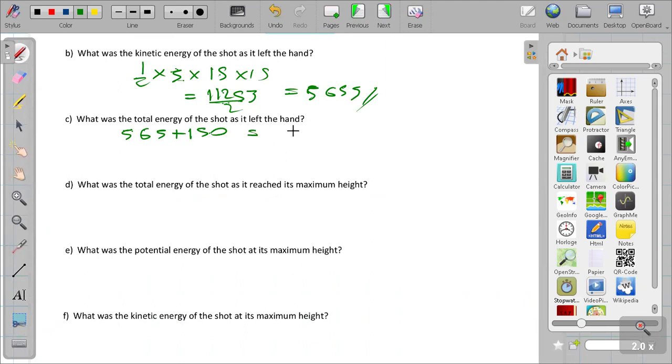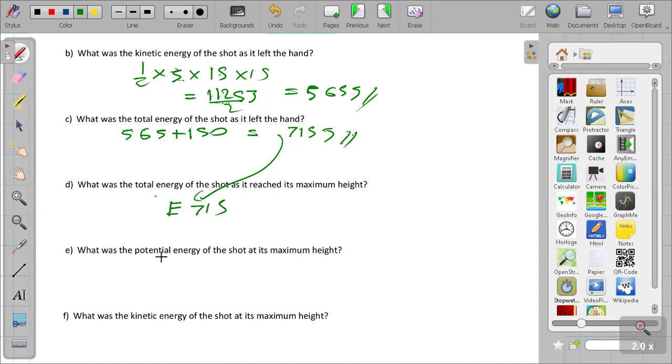So it's going to be 715 joules. What is the total energy of the shot when it reaches the maximum height? The total energy should be the same value according to the law of conservation of energy. It is 715.